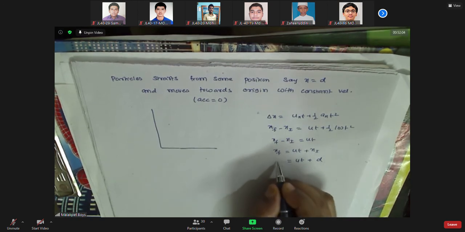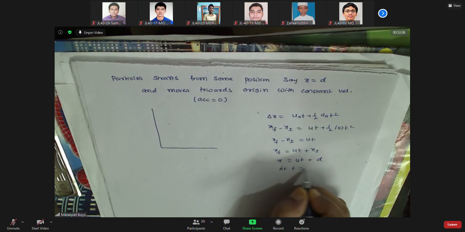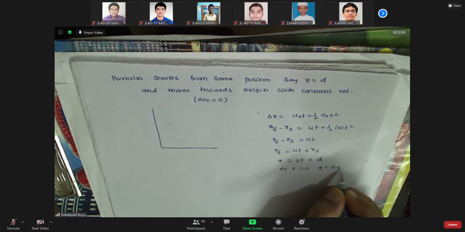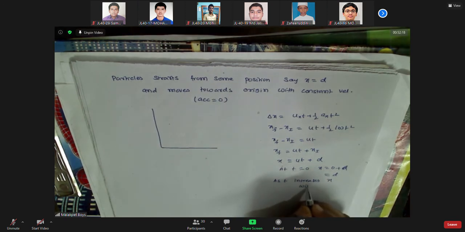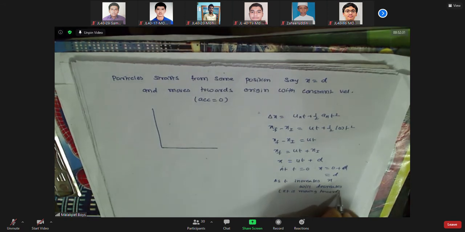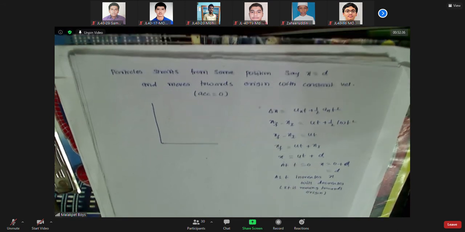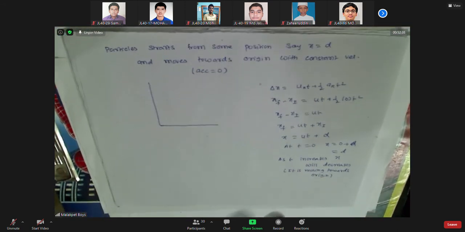That means the x coordinate at t equals 0, you have x equal to 0 plus d. After that, as time increases, what is happening to x? X will decrease, decrease, decrease, because it is moving towards the origin. Agreed?